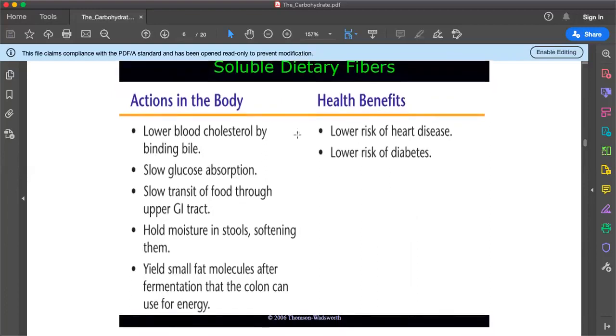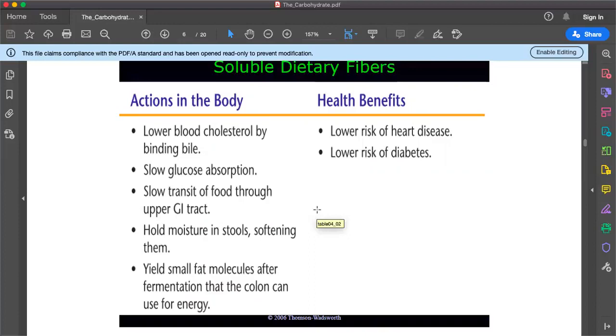Soluble fibers also play an important role in slowing the transit of food through the upper GI tract, or what we call gastric emptying time, slowing glucose absorption, and playing another important role in terms of diseases such as colon cancer.